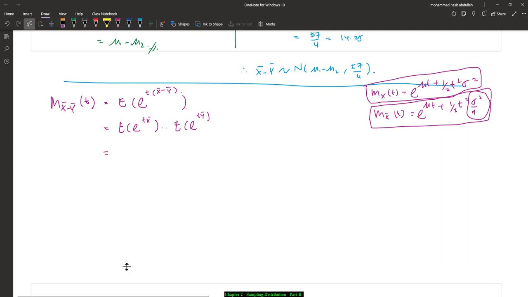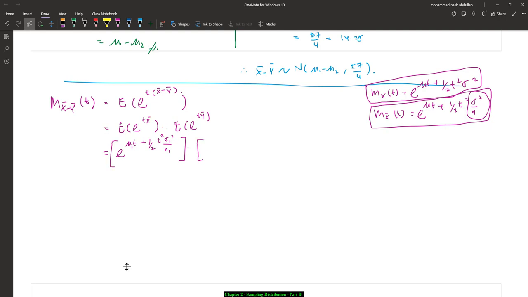So this one should be exponential mu t, this is mu1 for x bar. X bar is mu1 plus 1 over 2 t squared sigma 1 squared over n1. This is the first part.